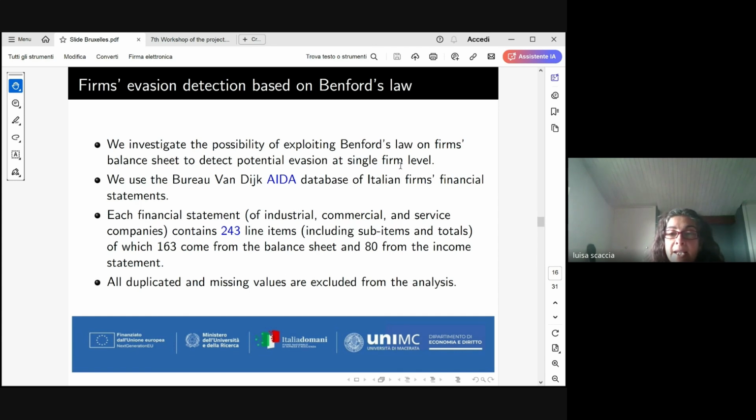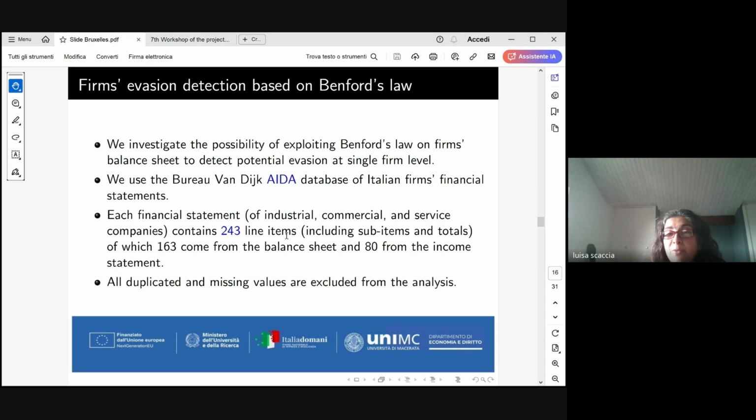And we use data from the Bureau van Dijk AIDA database, which contains all the financial statements of Italian firms. And each financial statement contains 243 items. Obviously, this includes sub-items and totals.